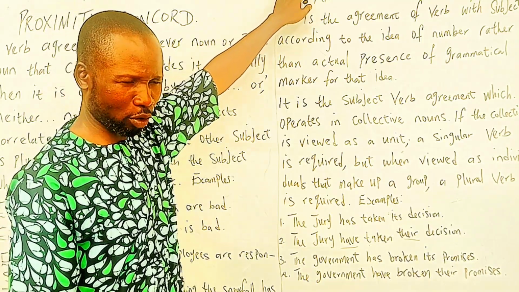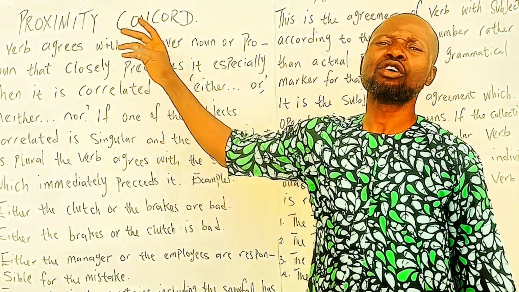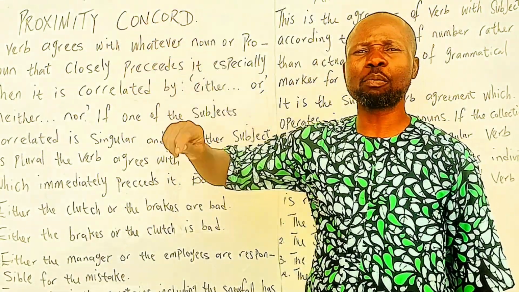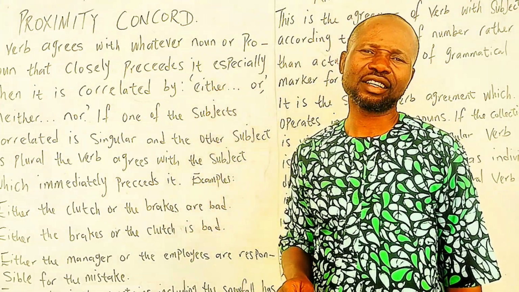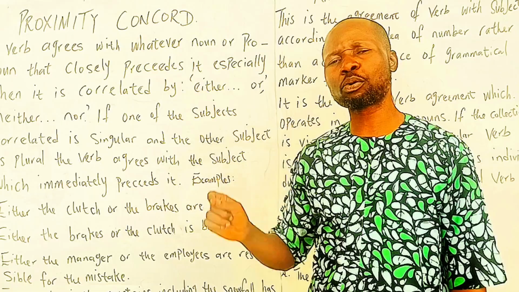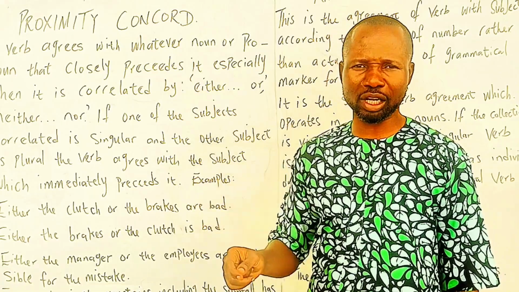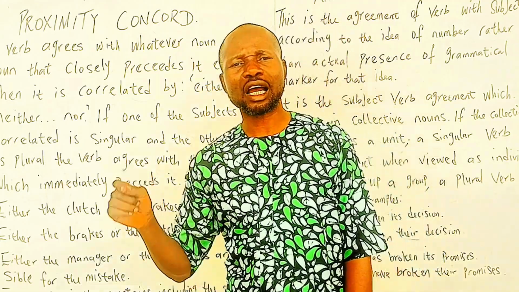So that is notional concord. Whereas proximity concord talks about when a noun or pronoun that precedes the verb is singular, the verb will be singular. And if the noun or pronoun that precedes the verb is plural, the verb is going to be what? Plural.